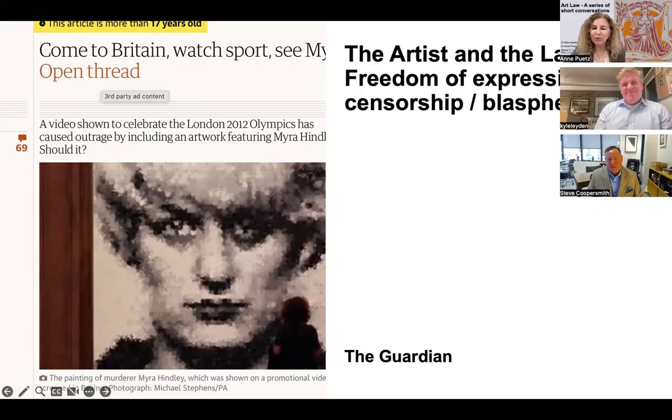Yes, and I think we should also not underestimate the commercial appeal that a campaign of outrage might have. When we consider the poster, or one of the posters, for the Sensation exhibition, it was in itself very provocative: a woman with an iron in her hand, as if to lick the hot iron.